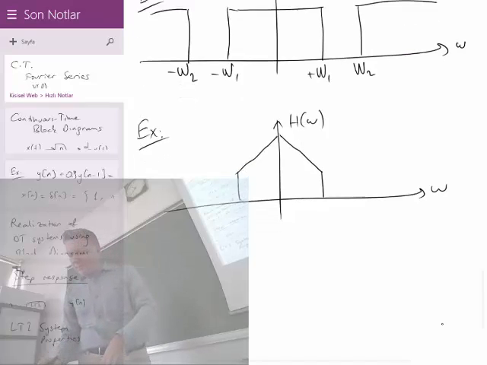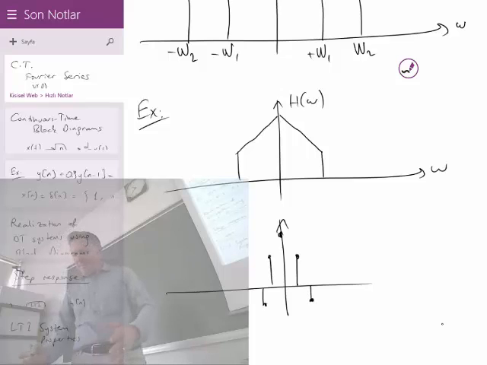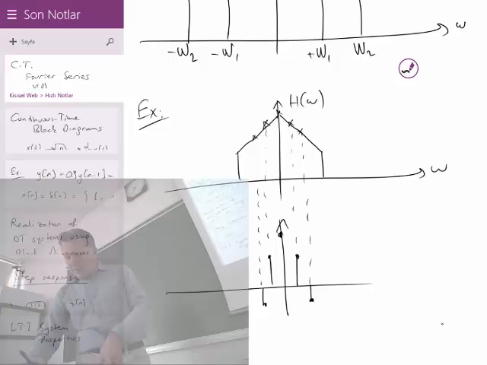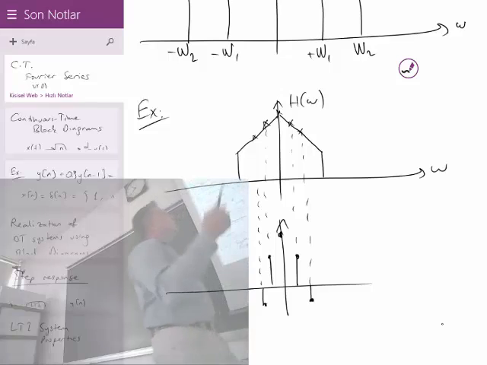What you really need to do is find the harmonics of your signal, and then at their corresponding places you must multiply with the corresponding filter value. So this harmonic, for example, will be multiplied with this value.